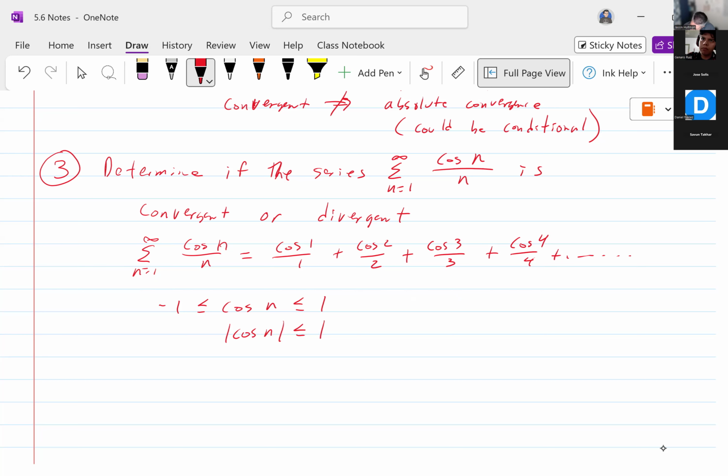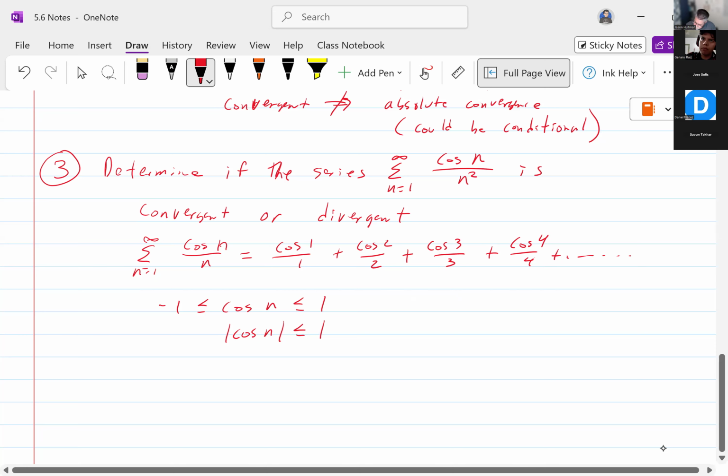And I made a typo here. This should be n squared. So this is 2 squared, 3 squared, 4 squared. My bad.